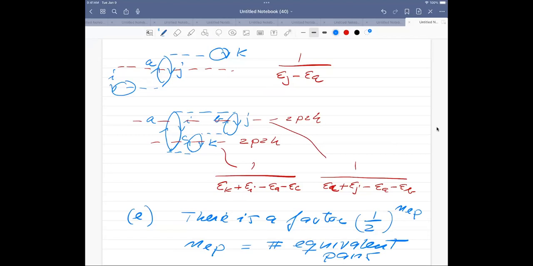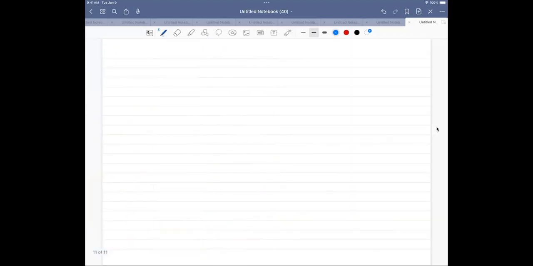If you now look at this example which we've been having here, we have an I and J, and A and B. A and B would be an equivalent pair of fermions, since they start at this interaction vertex and end at the same interaction vertex.